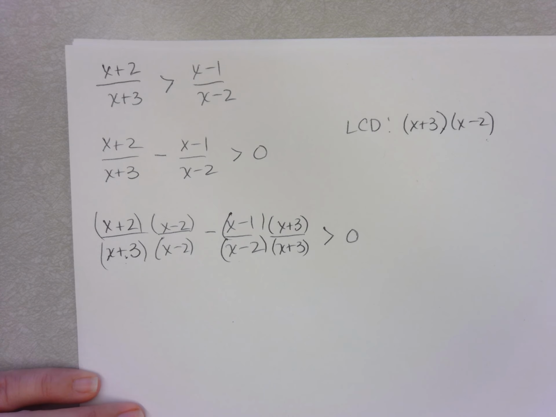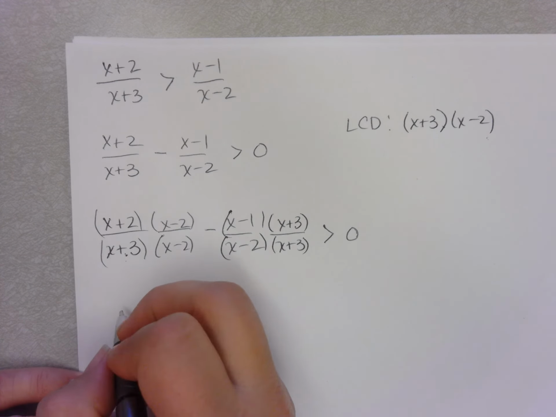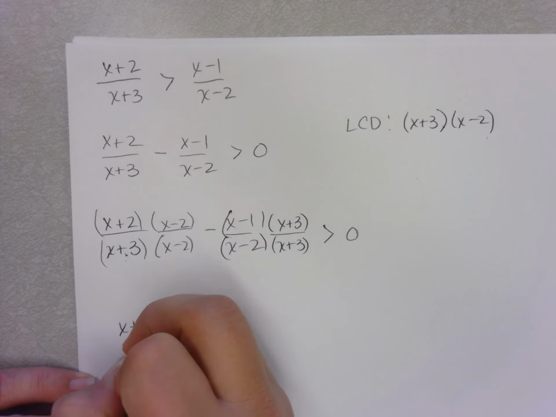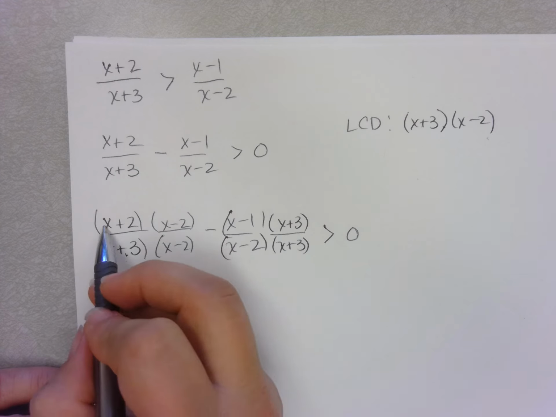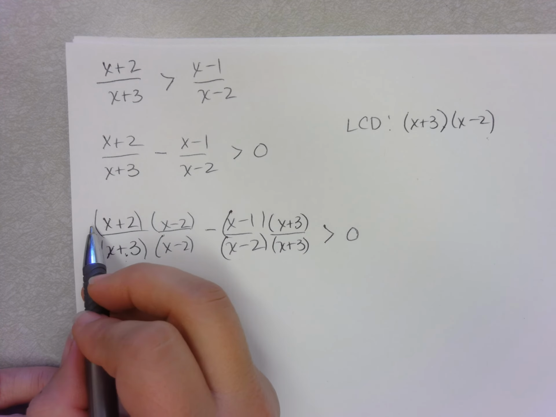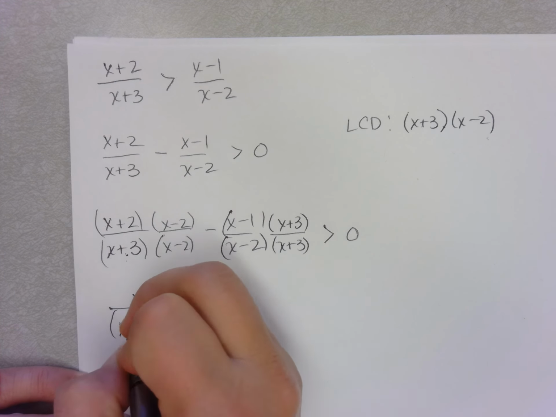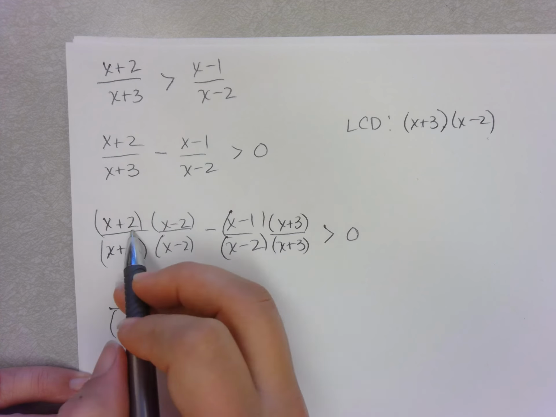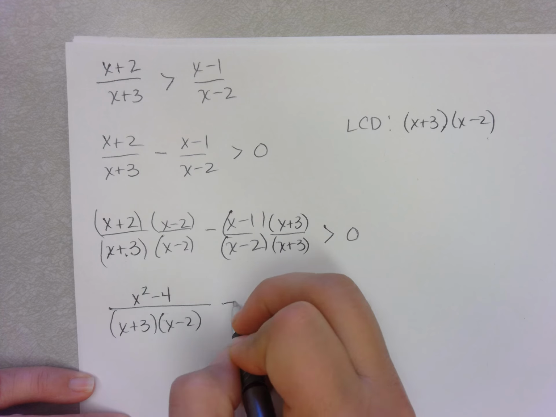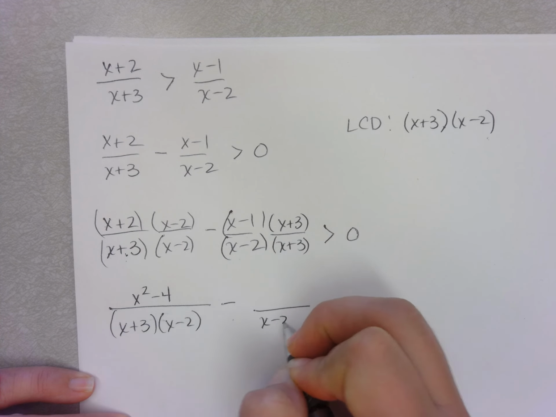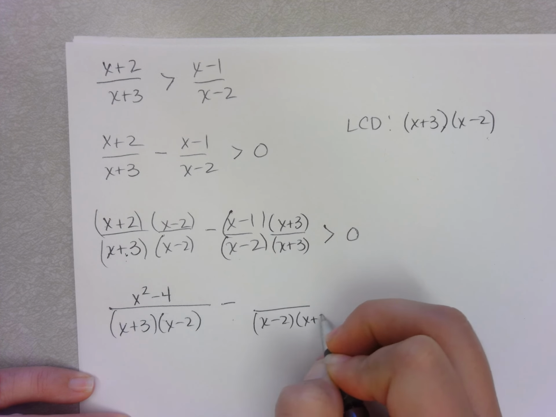All right, so let's open up all of our parentheses on the tops of our fractions. So I have x plus 3 down here, x minus 2. My first fraction is going to end up multiplying to give me x squared minus 4, because my 2's will cancel since this is the difference of two squares. And then I have minus, here's my same denominator down here.